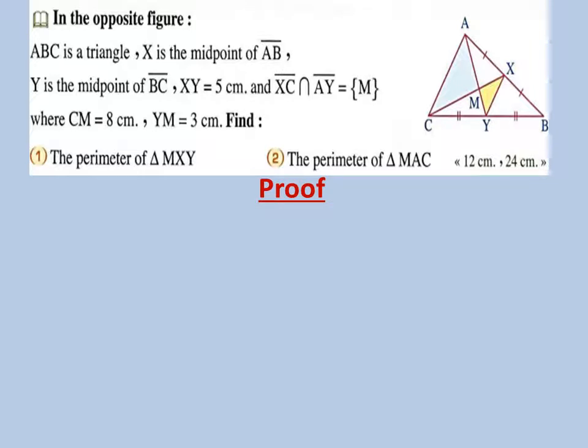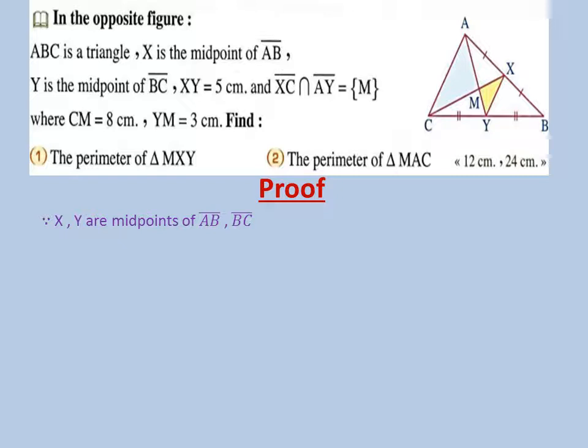As we learned how to write proof, we give reason and say since. Then we give the result and say so. Since X and Y are midpoints of AB and BC, the line segment XY joining midpoints of two sides, so it equals half the third side.